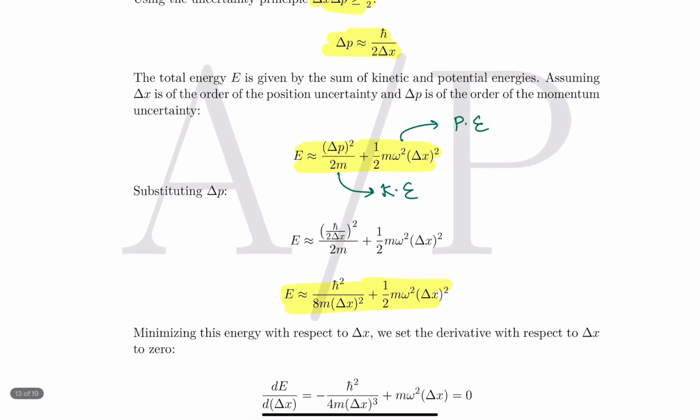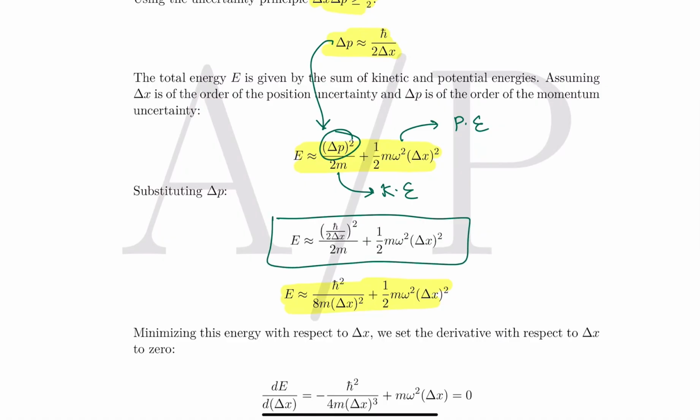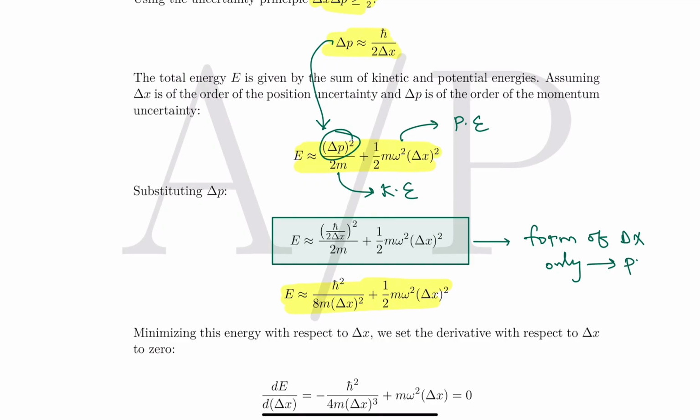And when you write the energy, you are going to substitute the value of momentum always from the statement of Heisenberg's uncertainty principle. So we get the complete energy equation in the form of delta x only, that is position only. Delta x is nothing but position.